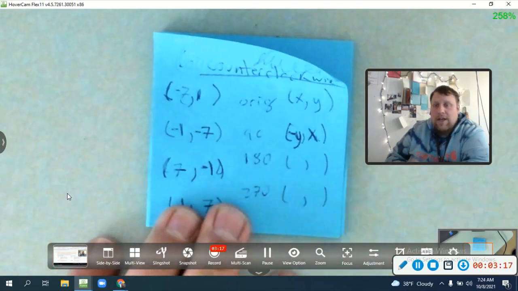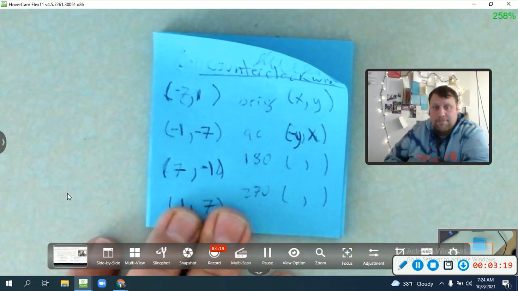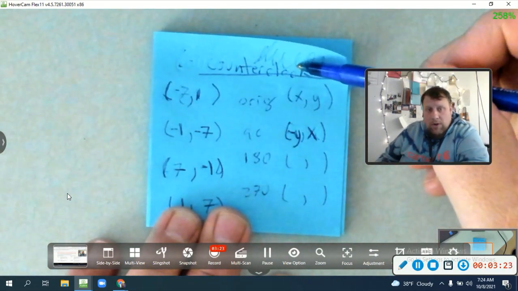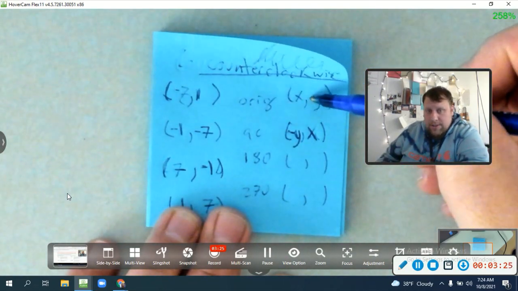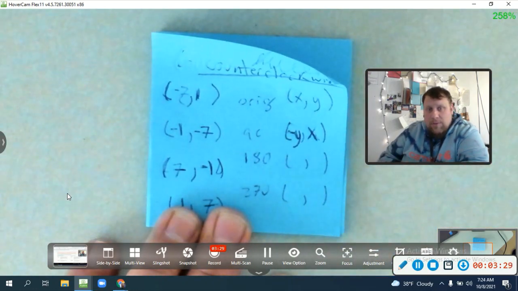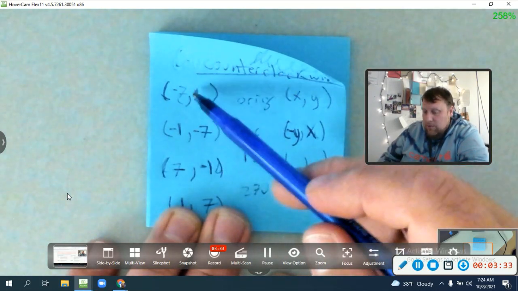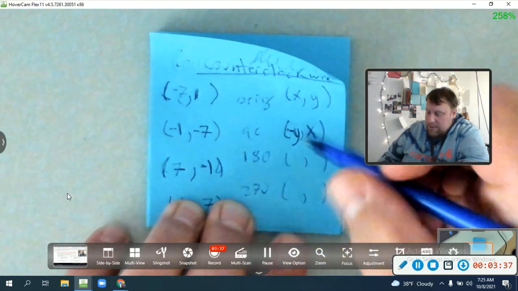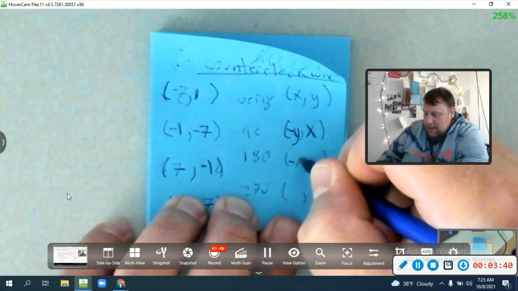And it turns out that's how it's going to work every time. As you work with these rotations, anytime you're going counterclockwise, you take the original coordinates, flip them, and negate the y value, and that's going to be the new coordinate of your 90-degree counterclockwise rotation. In the same way, looking at the 180, the x values seem to stay the same, just get opposite, so it's going to be -x in the x coordinate.